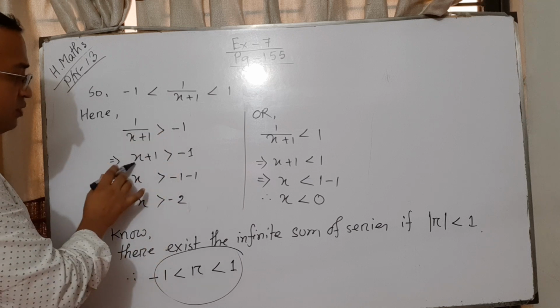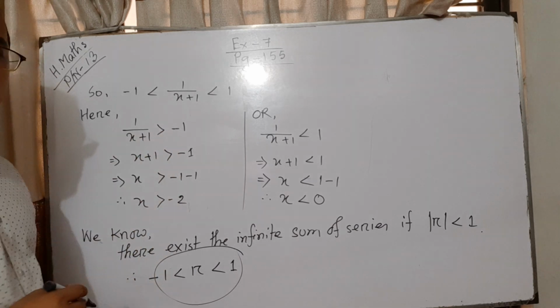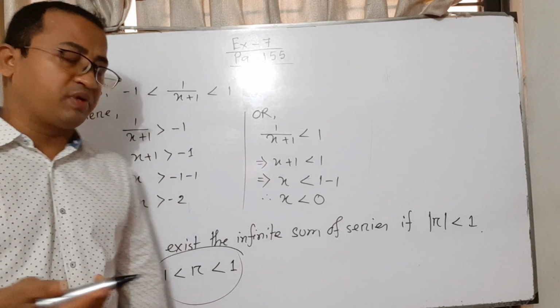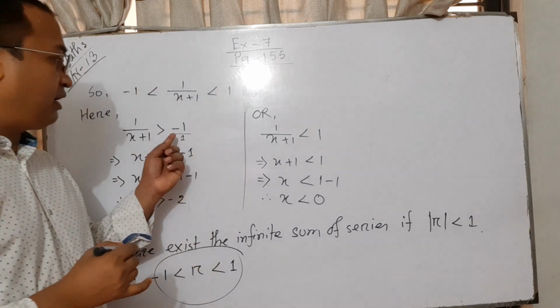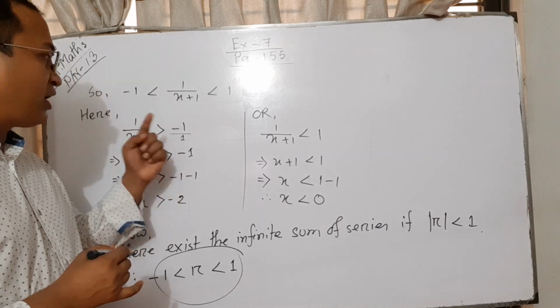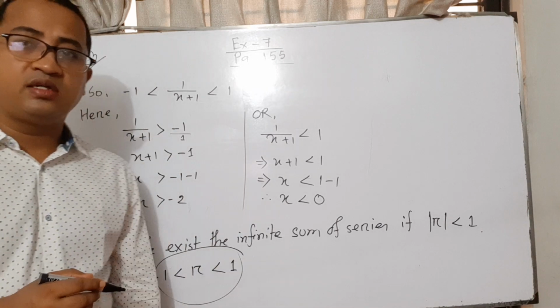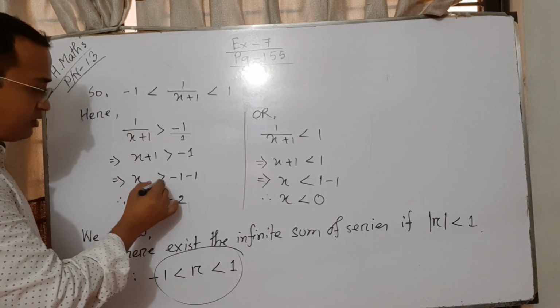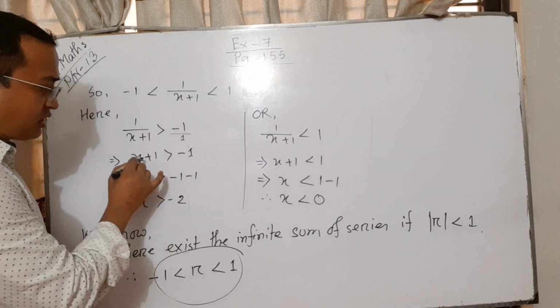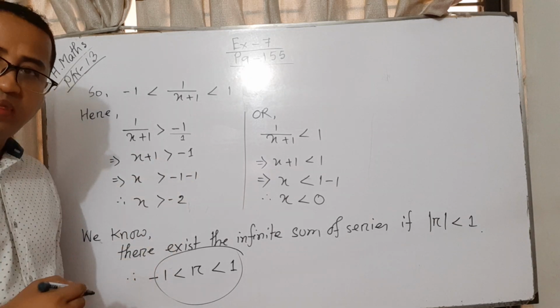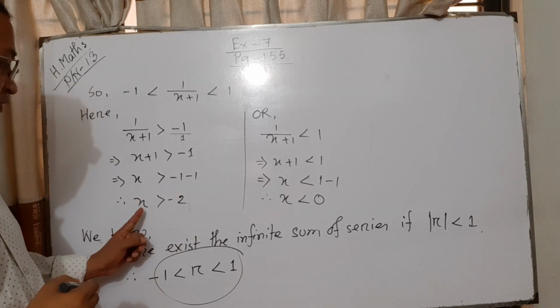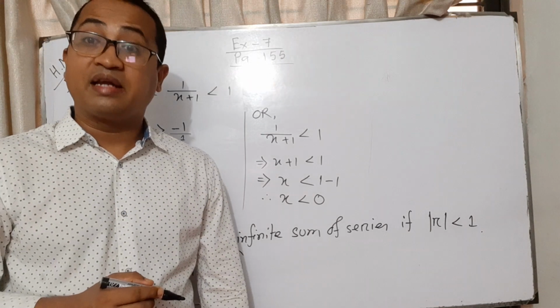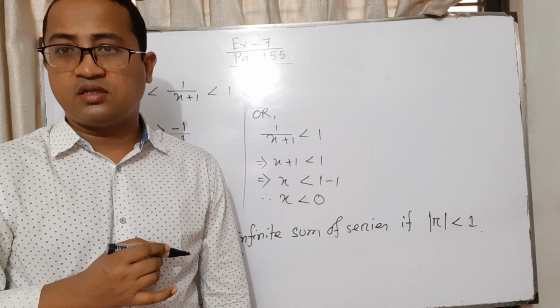If you take the inverse, it will be x plus 1, and minus 1 remains minus 1, because 1 as an inverse stays 1, and the inverse of minus 1 is minus 1. So x is minus 1 minus 1. This minus 1 we can take to the other side. So it will be x less than minus 2. So the first condition is x is greater than minus 2.